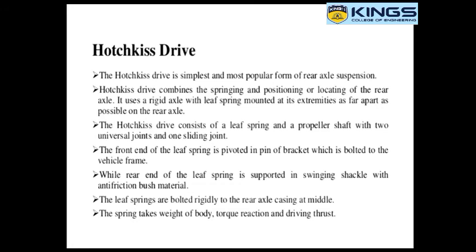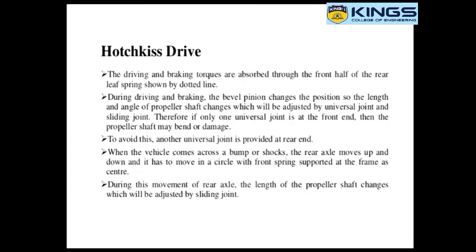In a Hotchkiss drive, the driving and braking torques are absorbed by the front half of the leaf spring. Two universal joints adjust the movement of angular torque. The length is adjusted by the slip joint. The spring takes the weight of the whole body, torque and driving thrust.